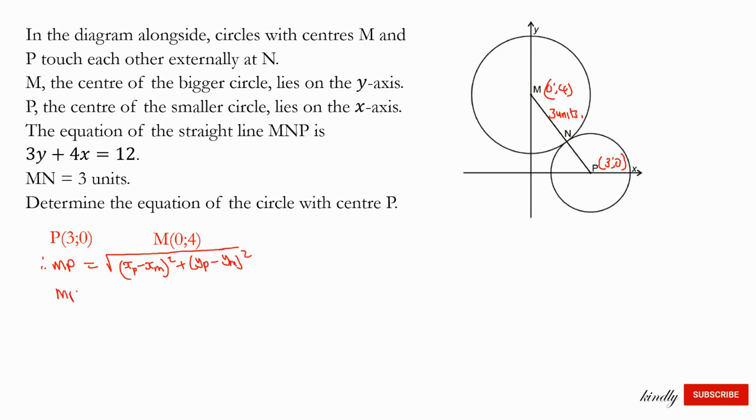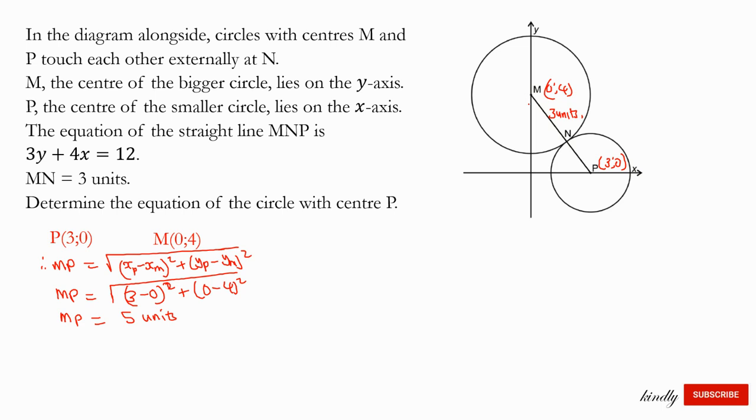So meaning that MP is equal to the square root of (3 minus 0) squared plus (0 minus 4) squared. And then what you get, MP is equal to 5 units.